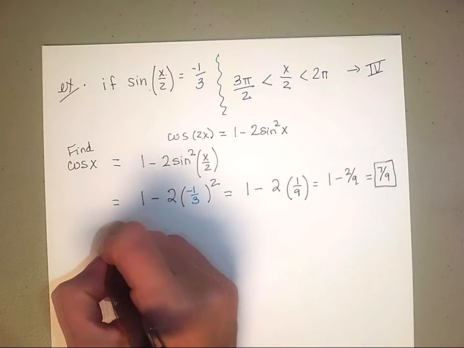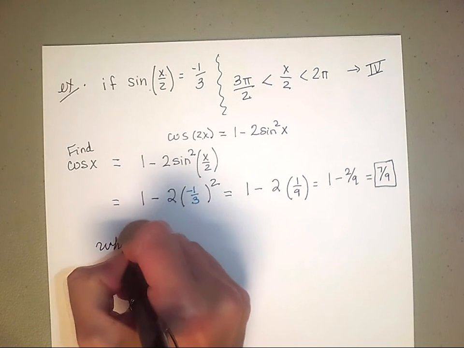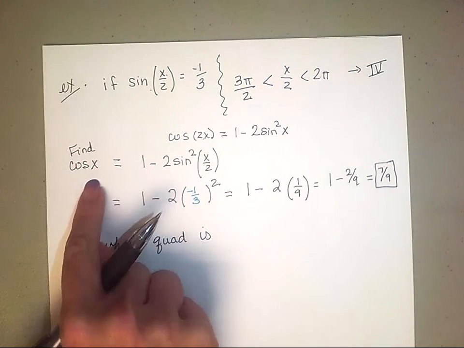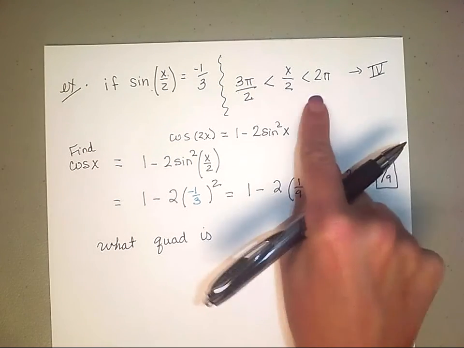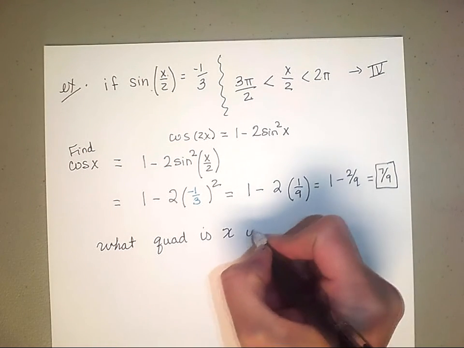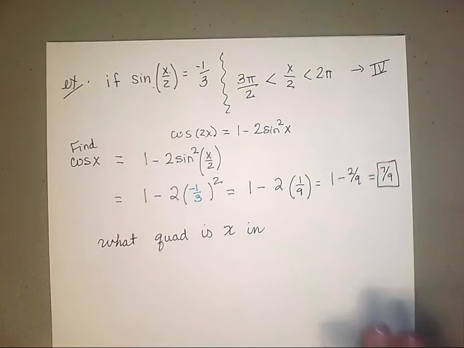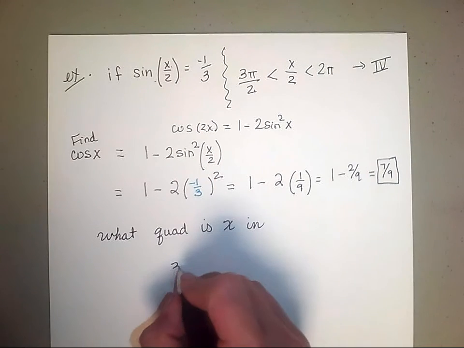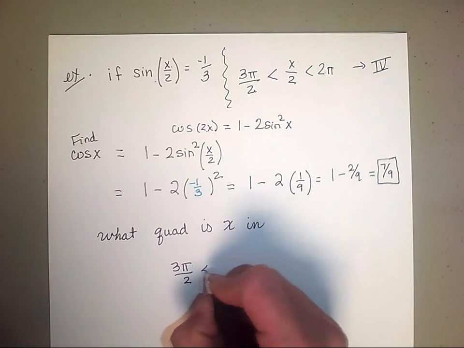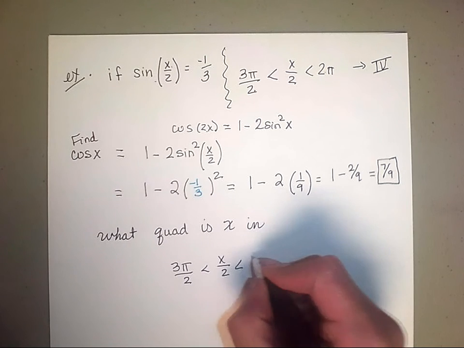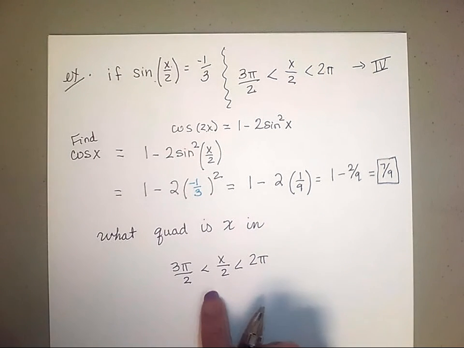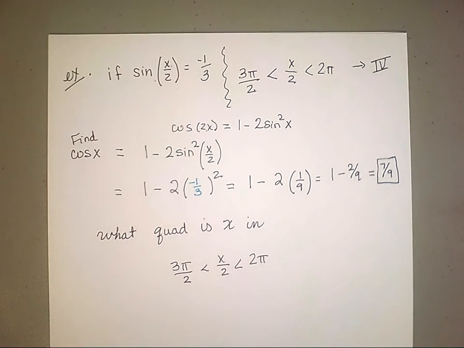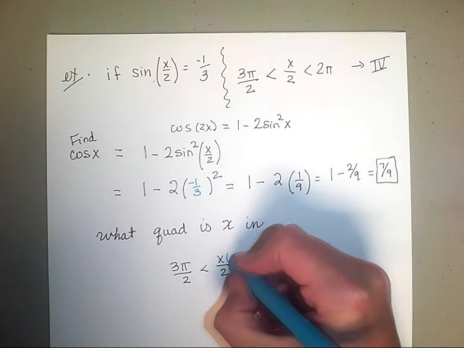Alright, we could also ask ourselves then, what quadrant is x in? If the half angle lives in the fourth, we have 3 pi over 2 is less than x over 2 is less than 2 pi. This is given. Now, if we want to find out just x, we can just solve this inequality.